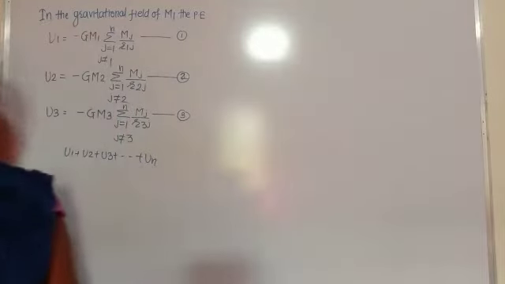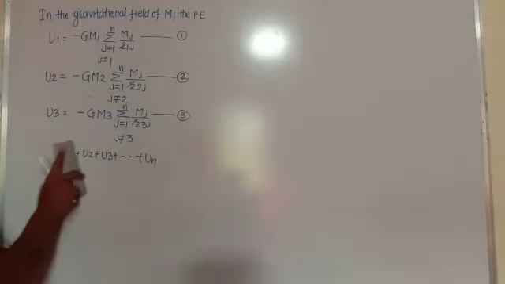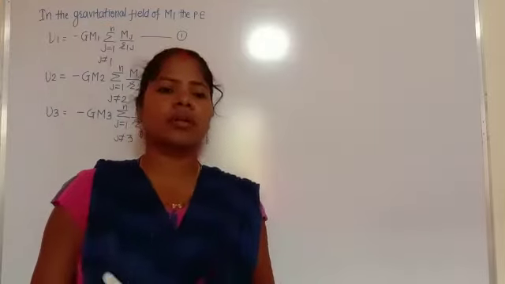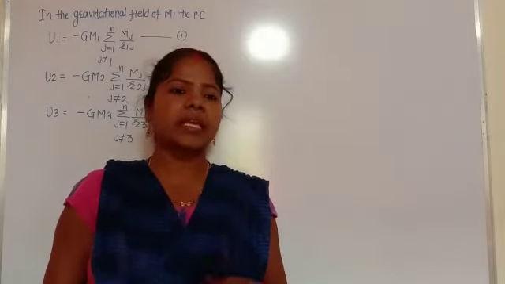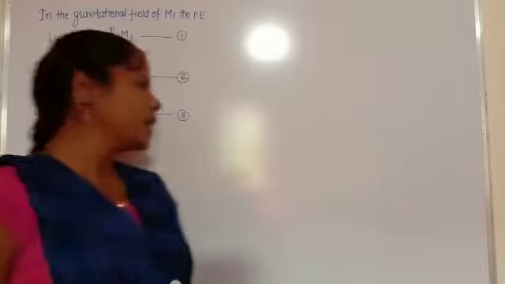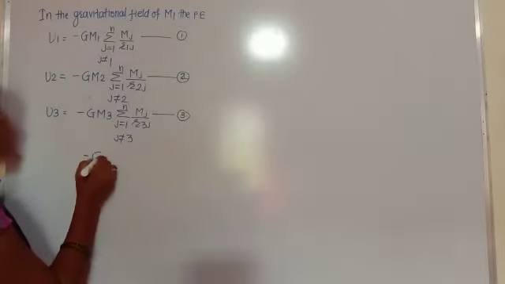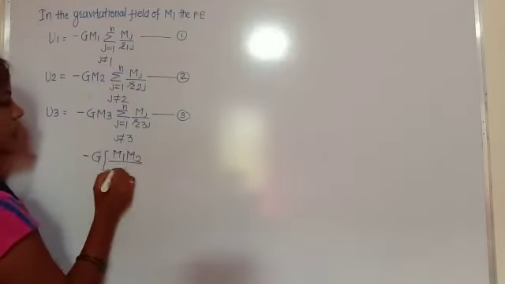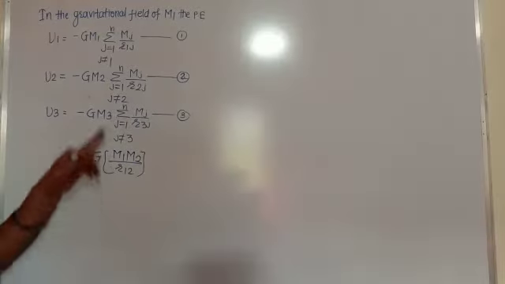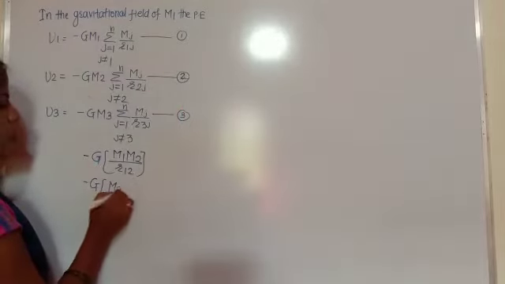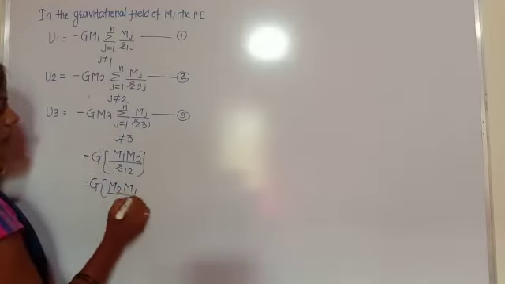But in the calculation, looking at the first and second equations, if we calculate up to mn, there are terms that occur twice. In the first equation we have minus G m1 m2 divided by the distance r12, and in the second equation we have minus G m2 m1 divided by the distance r21.